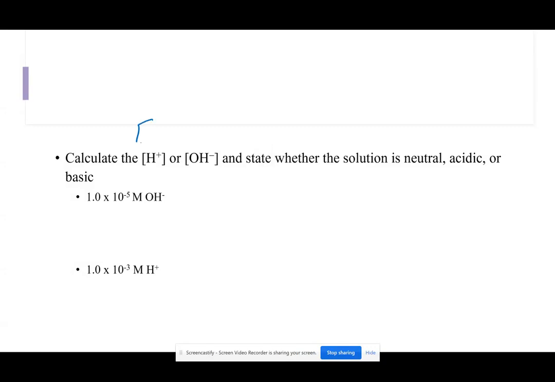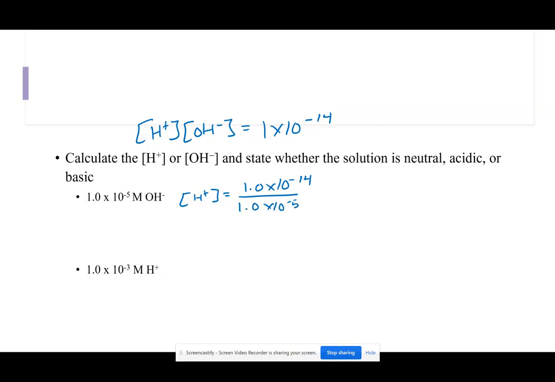I'm using that formula: hydrogen times hydroxide is 1 times 10 to the negative 14. I'm given hydroxide, so rearranging my formula to solve for hydrogen, it's 1 times 10 to the negative 14 over 1 times 10 to the negative 5.